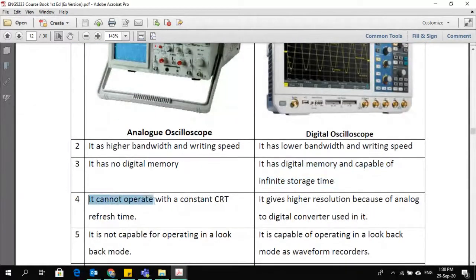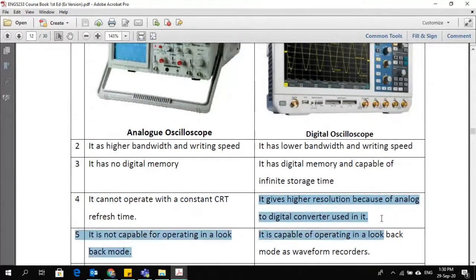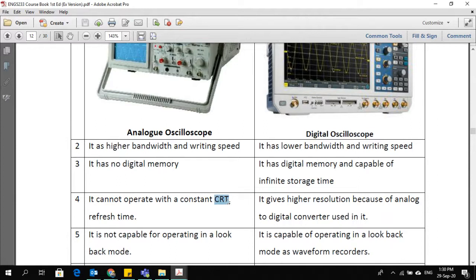So analog cannot operate with a constant CRT refresh time, while the digital has higher resolution because of the analog to digital converter used in it. CRT means cathode ray tube, because the analog oscilloscope is made of a cathode ray tube. It is the same technology which was used in old televisions.